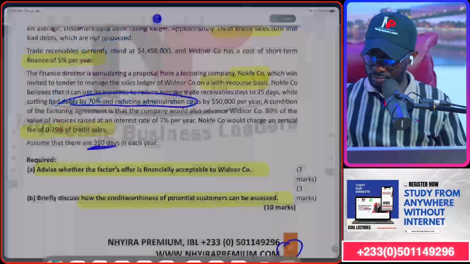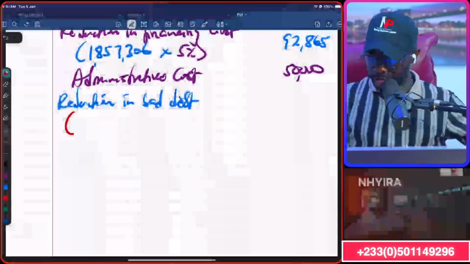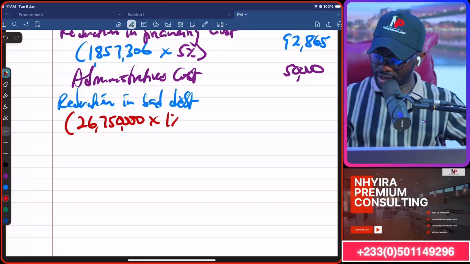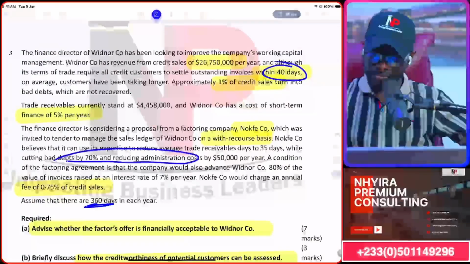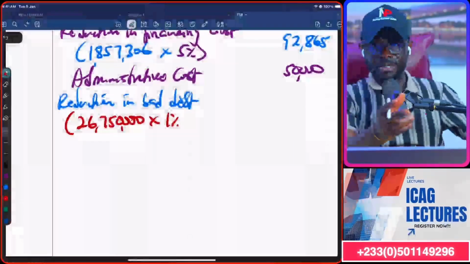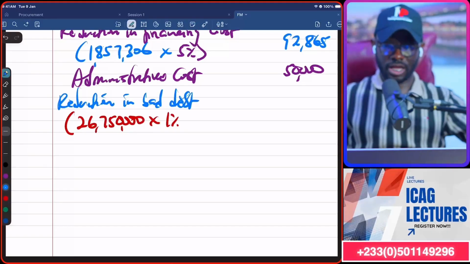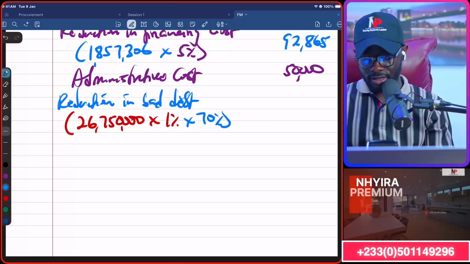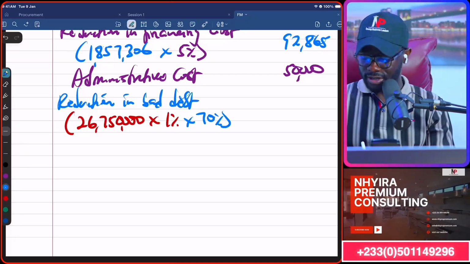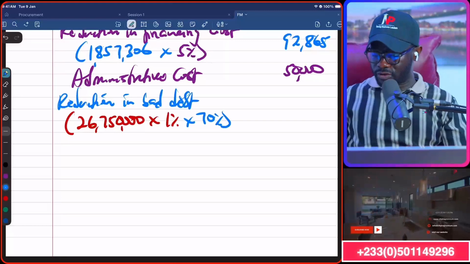So your sales is 26,750,000. We are told that 1% of that goes into bad debt. So 1% of that would have been bad debt, but the factor says they will save us 70% of that. So times 70%: 26,750,123 by 0.01 by 0.7. So we will save 187,250.